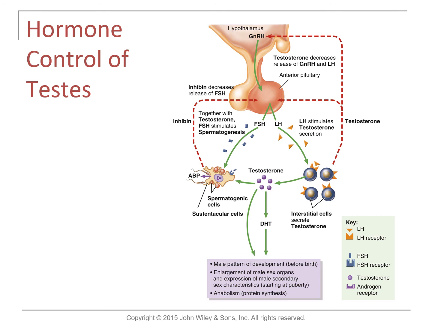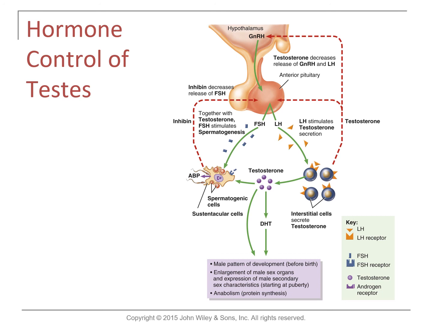Rising levels of sperm cells cause the Sertoli cells to release inhibin hormone, which feeds back to suppress FSH, and in this way, the rate of spermatogenesis will decline. But decreasing levels of spermatogenesis will then lead to less inhibin, which then feeds back to allow for more FSH, which will stimulate spermatogenesis. So in this way, testosterone and FSH regulate spermatogenesis in a negative feedback manner.